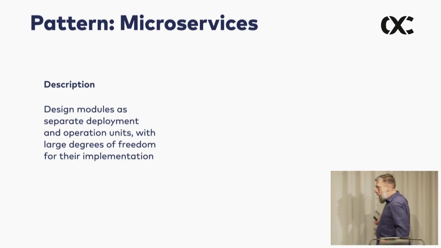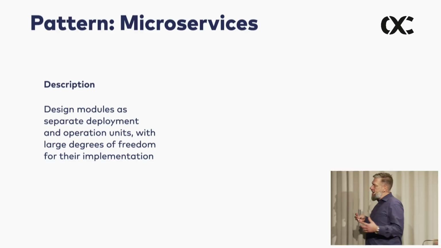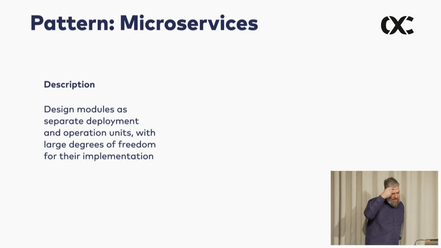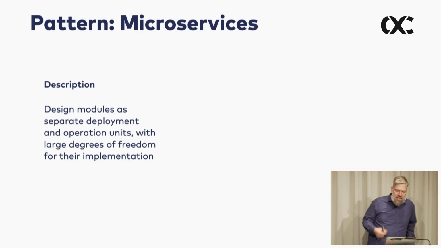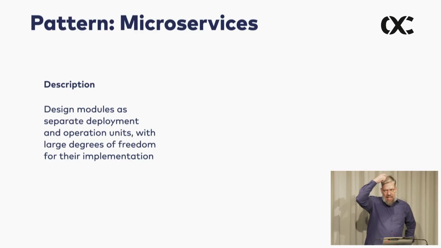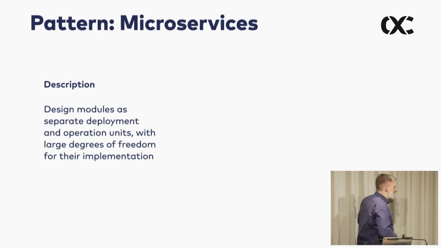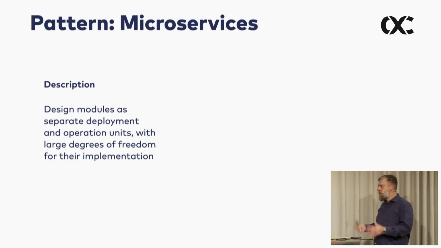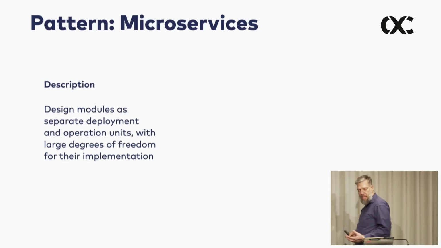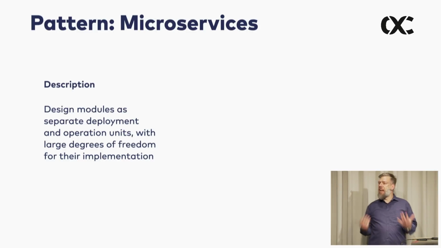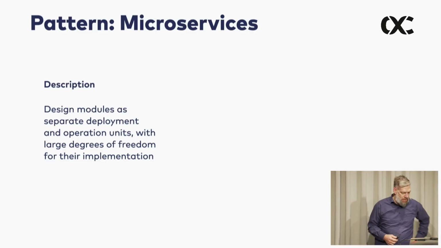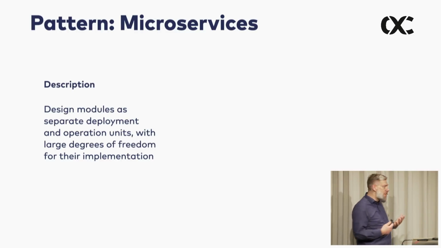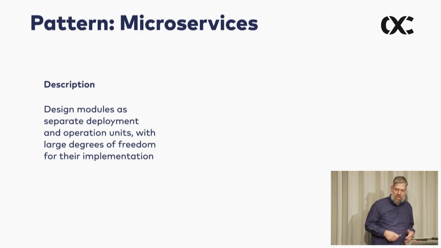A microservice is something that, of course, as any hype, can be defined in many different ways. This is the way many of my colleagues like to define it. The idea here is that we design modules in a way that they are separated from each other, and something that used to be an implementation detail becomes some very important aspect of your software architecture, right? So we do this to get more degrees of freedom for our implementation so that we can do different things, right?